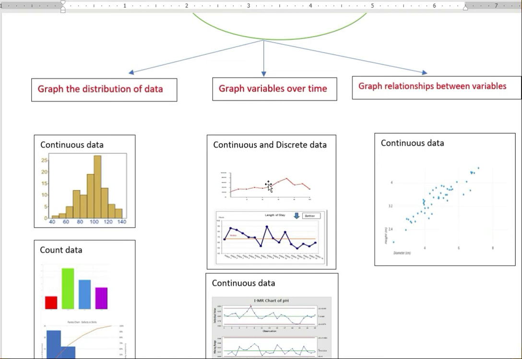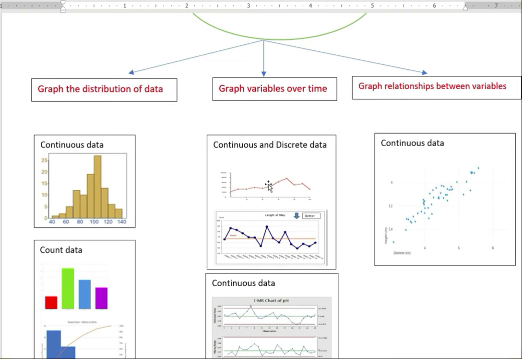After implementing the action plan, I want to know, is there any change in the process? Is there any shift in the process? Is there any improvement in the process? So which graph can we use for this scenario? We can use this one, run chart.